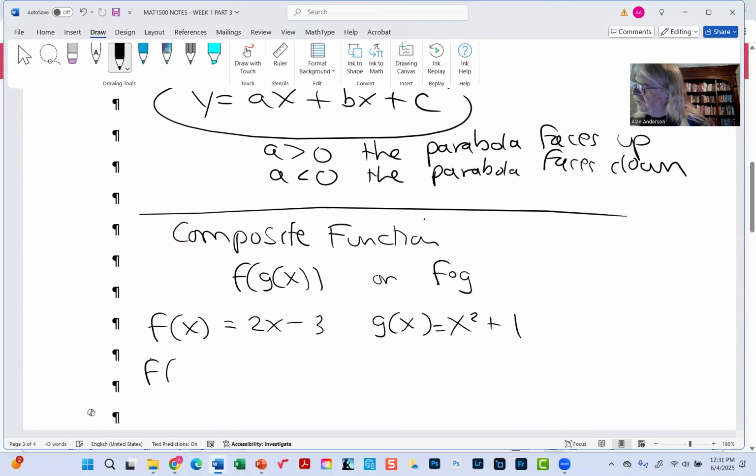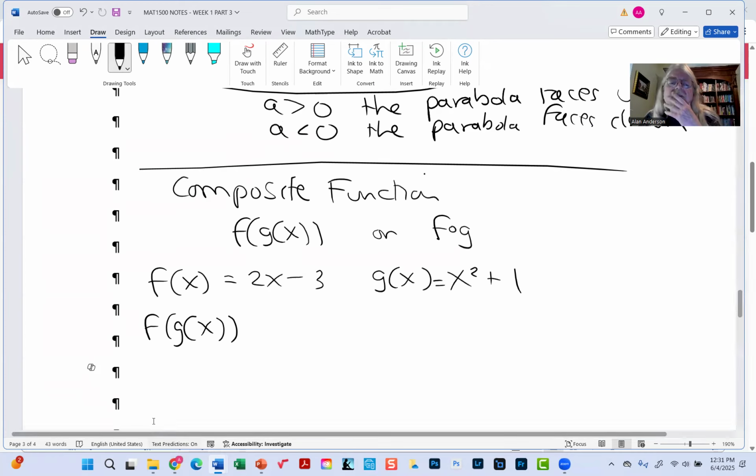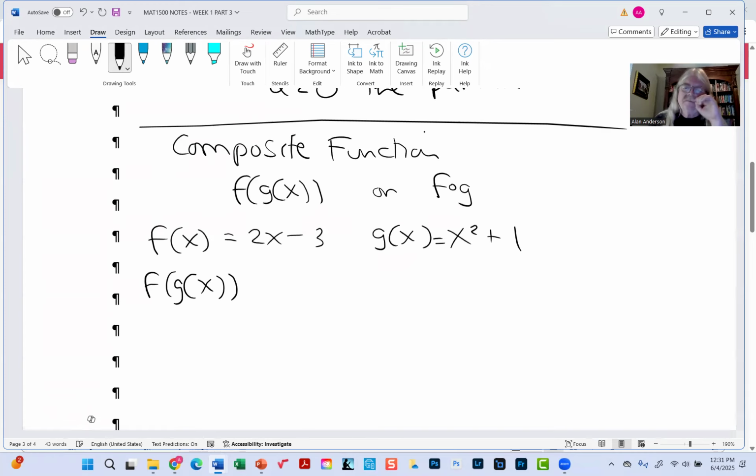So how do I find f of g of x? In order to do this, let's take a bit of a detour here. Suppose I was trying to find f of 3. What would I do? I would go through the equation and replace all the x's with a 3.